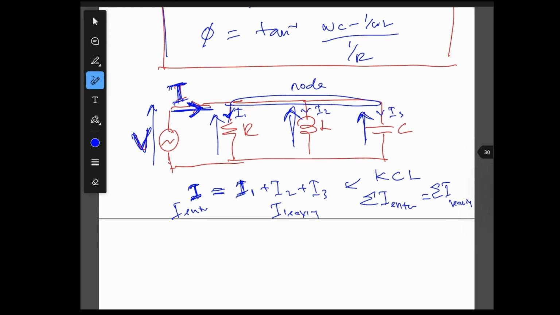So I equals V divided by R plus V divided by XL plus V divided by XC. This is how to find this current. So this is the first method.